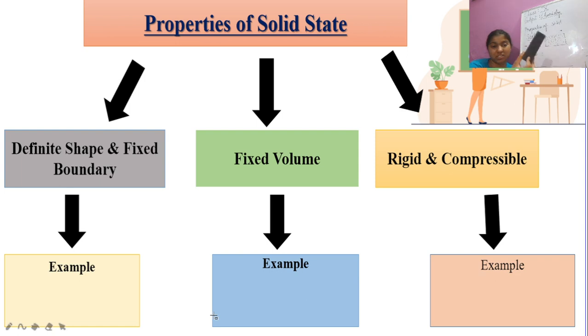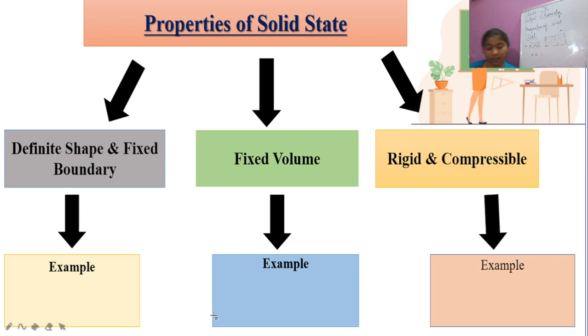This also comes under rigid and compressible. So we can say that this is rigid but also compressible, right? Students, give me an example of an object which is rigid but not compressible. So what is that? Yes, this is an iron nail. An iron nail is rigid but not compressible, right?